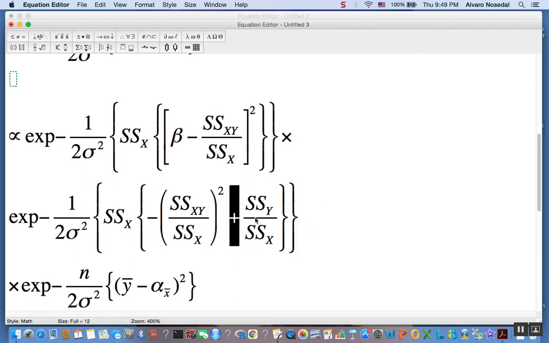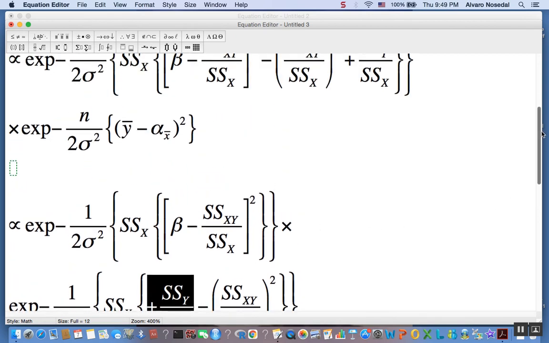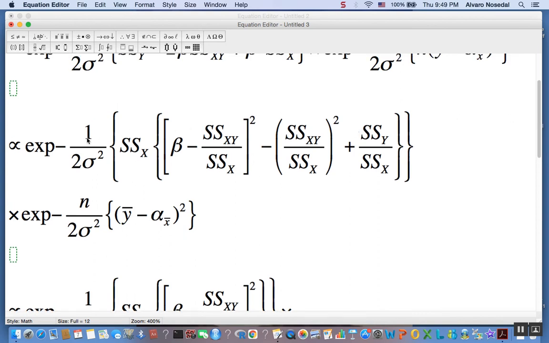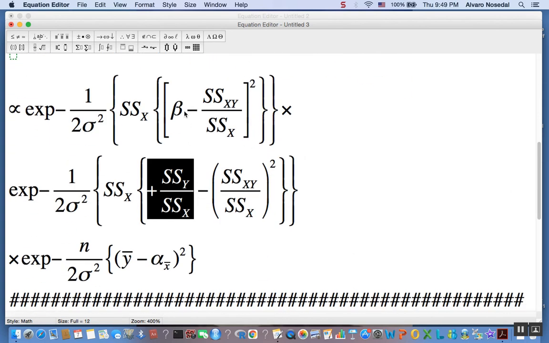So another way of writing that would be this. Okay, so anyway, what I did is I rewrote that exponential as the product of two exponentials, right? That's fair. That's fair game.